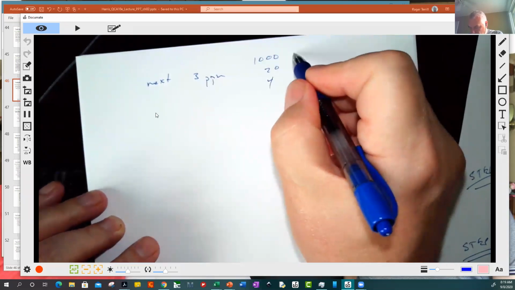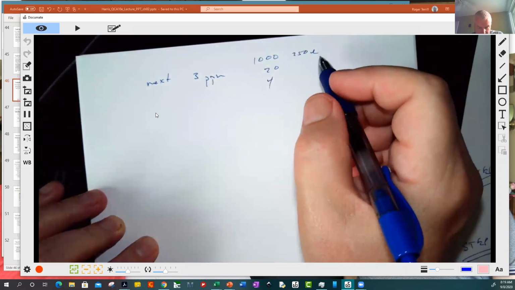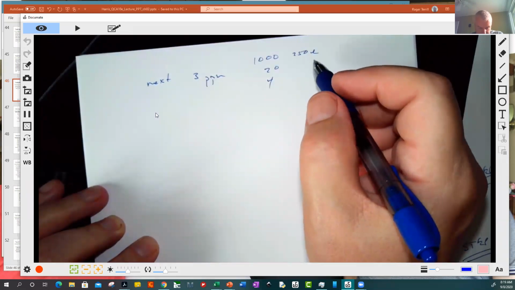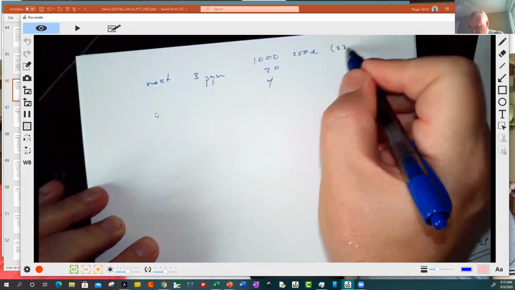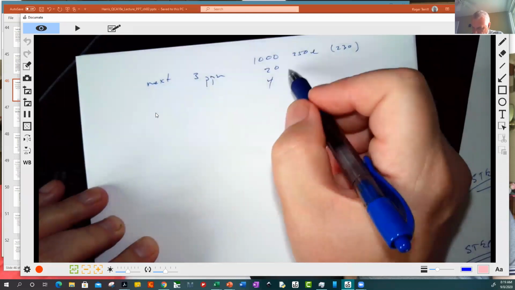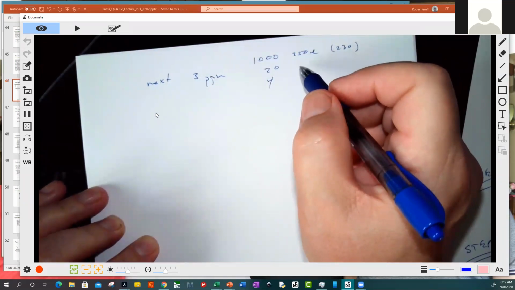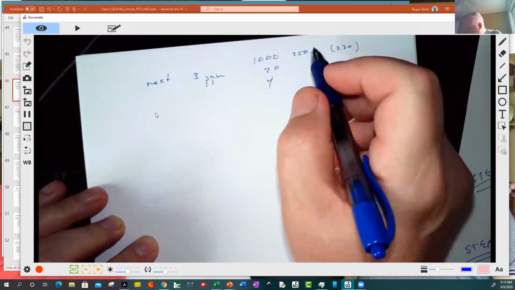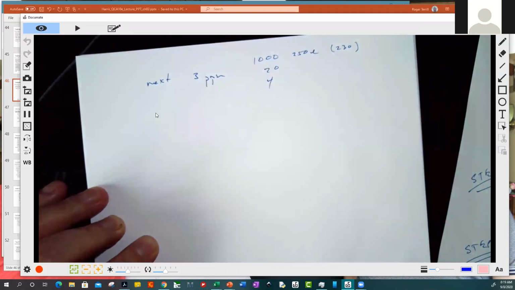And of the 1,000, we have 250 mLs maybe, whatever is left over from that, maybe 230, because we used 20 mLs. And then we have the 20 ppm. To make the 20 ppm, we use 100 mLs.